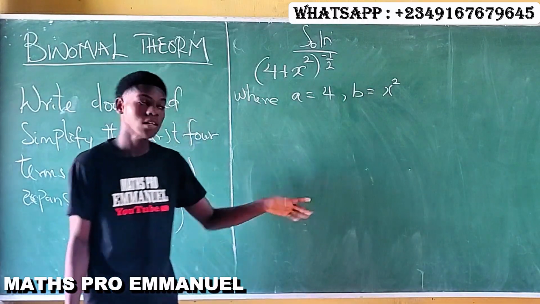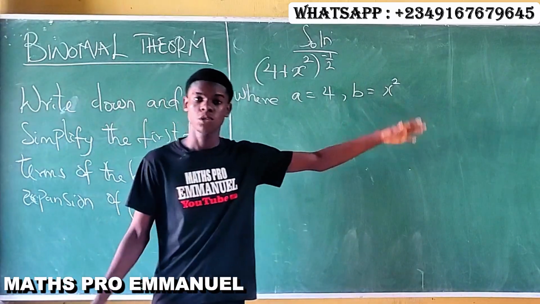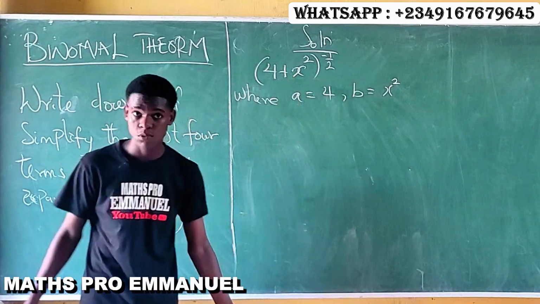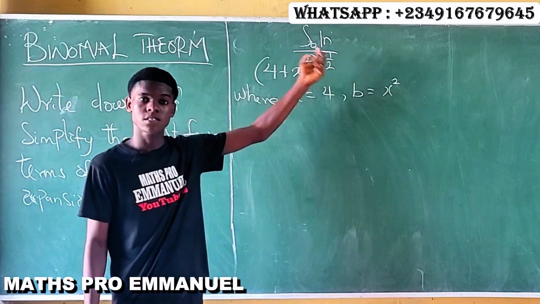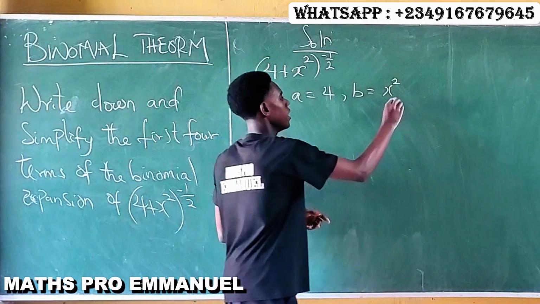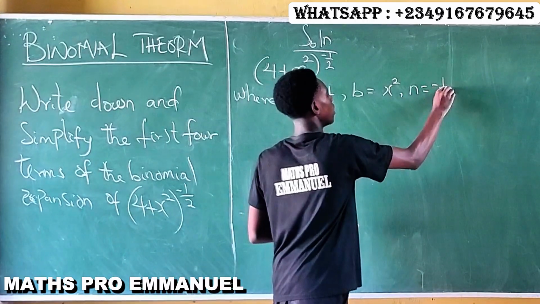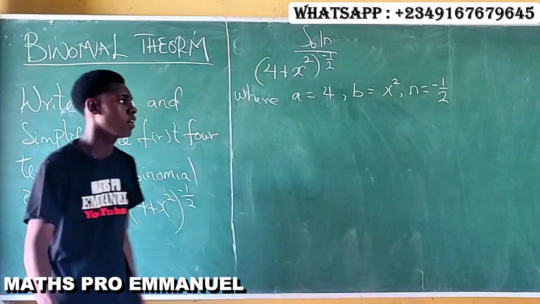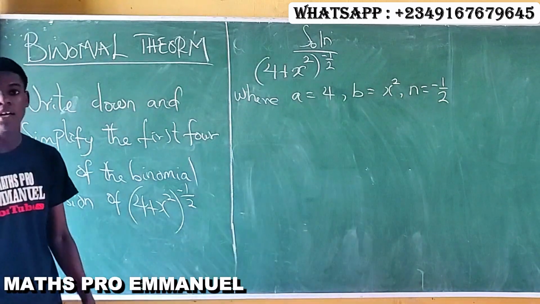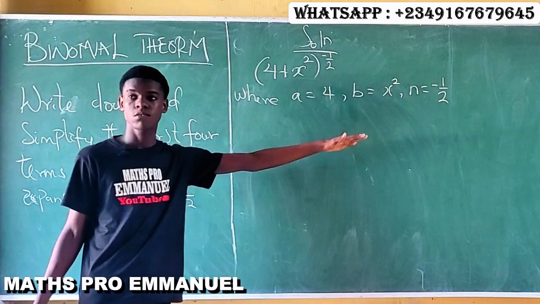You can also decide to say a is x squared and b is 4. However you do it, you still get the same result. And then n is the index you can see up here, so n is minus 1 over 2. Now I'm going to record the formula and then put these three values into it.